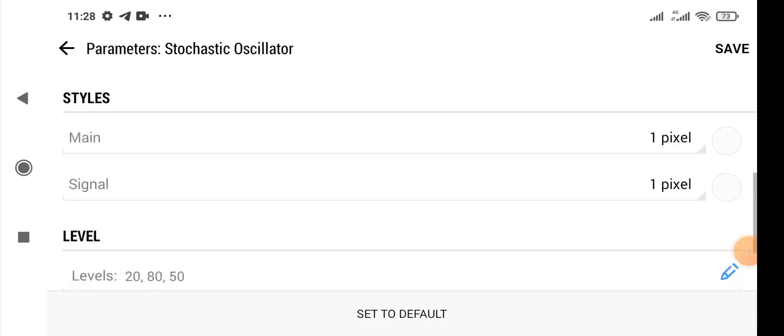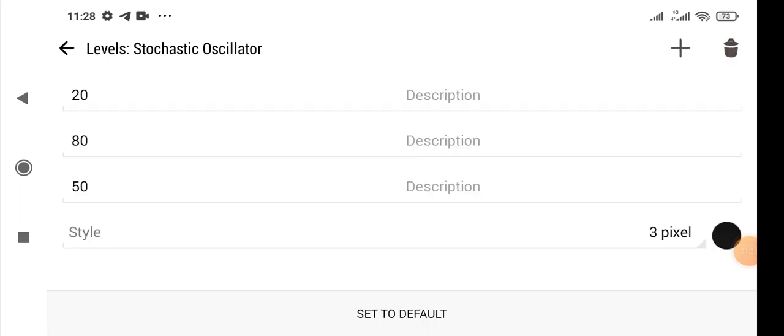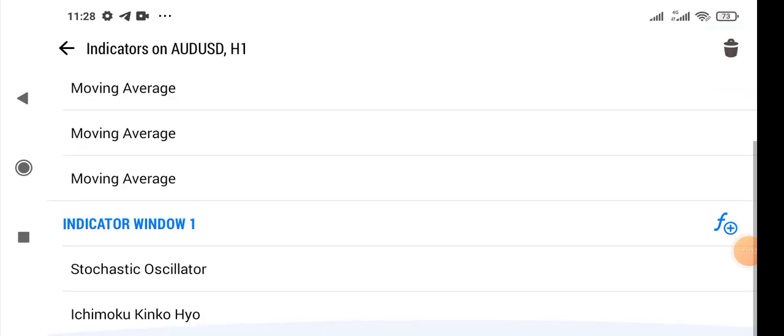Then for the other ones, the main and the signal styles, you give the color of the background of your platform. And then the levels, we are going to have 20, 80, and 50. And then you save.